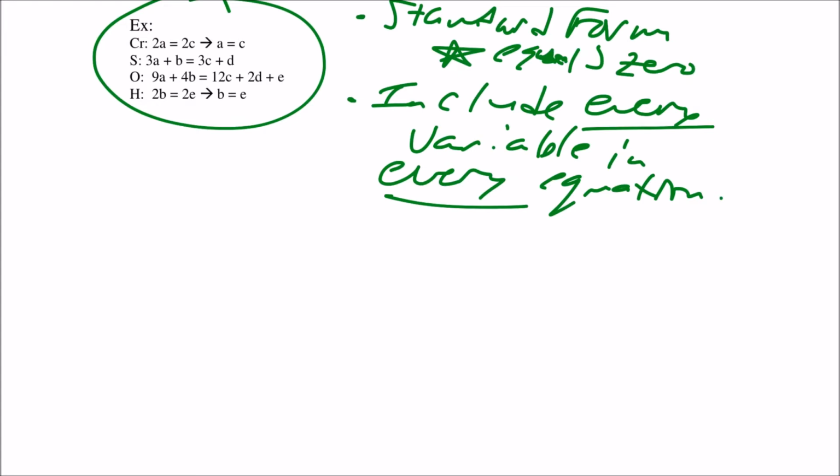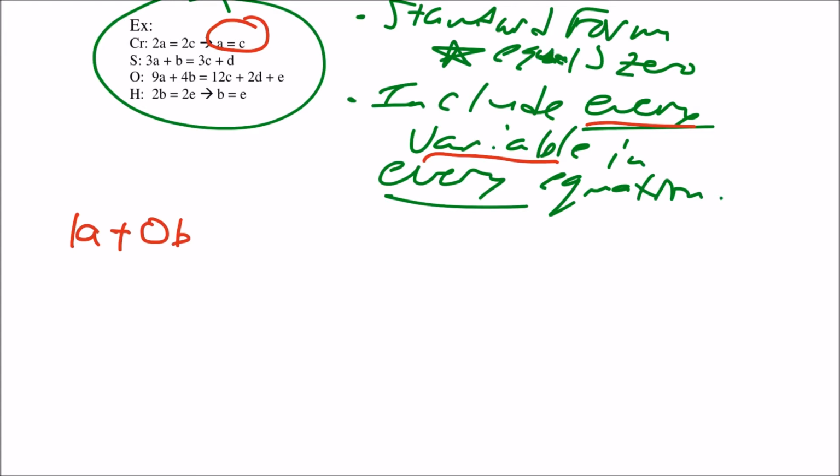So you'll see up here that for chromium, we had A equals C, right? But what we're going to do is write 1A plus 0B, okay? Remember, we have to include every variable in every term, even if it's not normally there, right?